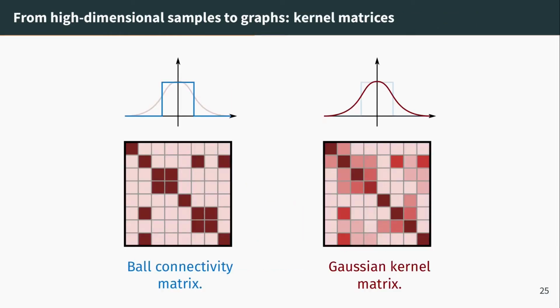So maybe one last thing that I want to insist on is that you don't have to think of graphs as discrete objects, with either there is an edge or there is none. You can also think of a graph as a connectivity matrix. So here, let's assume that I have 8 points, that I compute distances between my points, and then I apply a threshold.